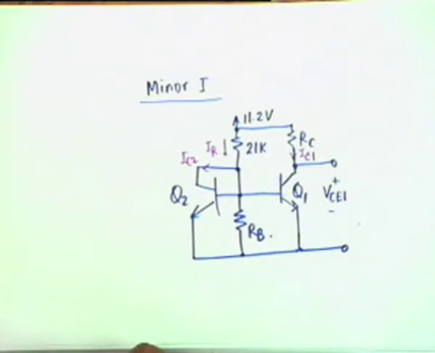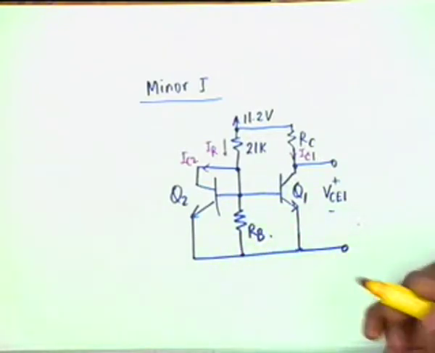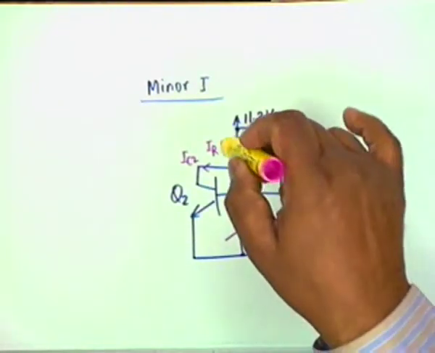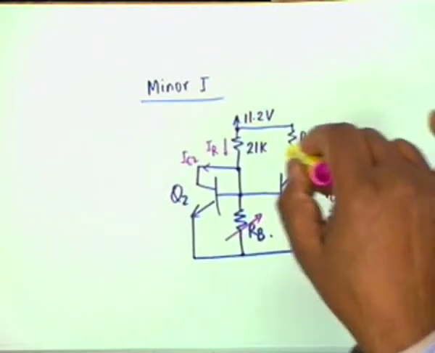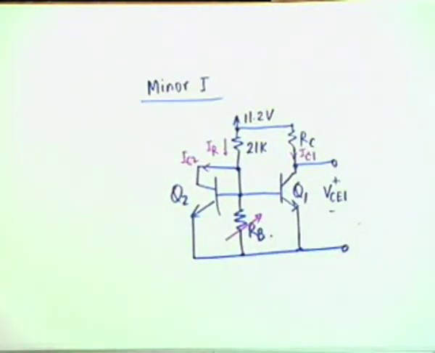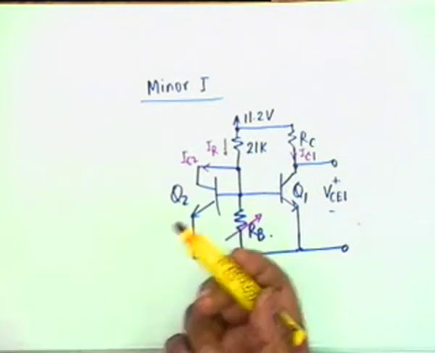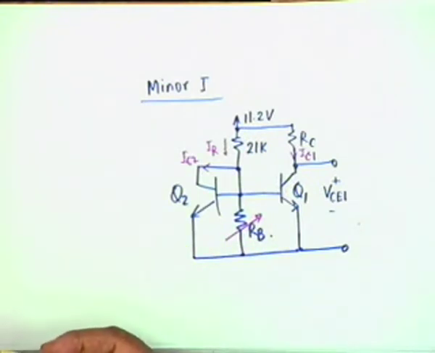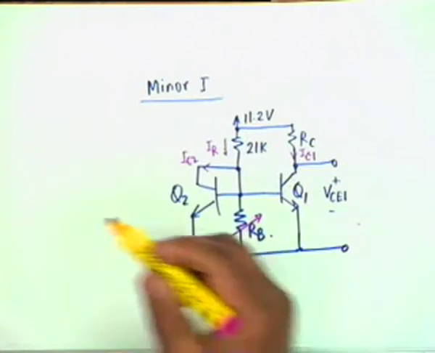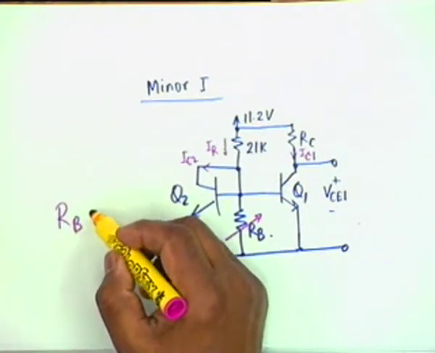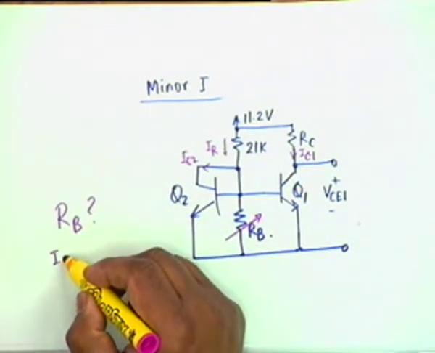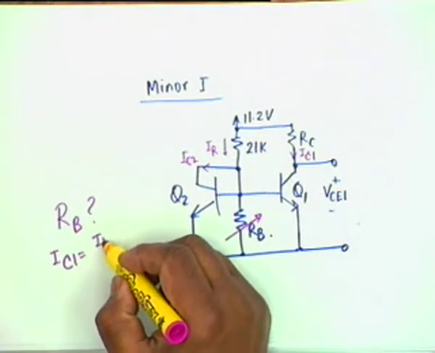Determine these as functions of RB, because RB has come into the picture. Find out these 3 currents IR, IC2 and IC1 as functions of RB, and show how they vary with RB by means of a sketch. Then determine RB in order that I sub C1 is equal to IR by 2.